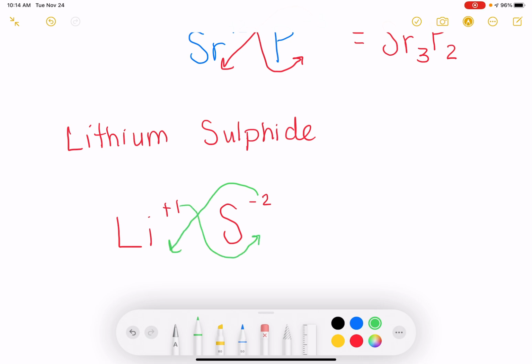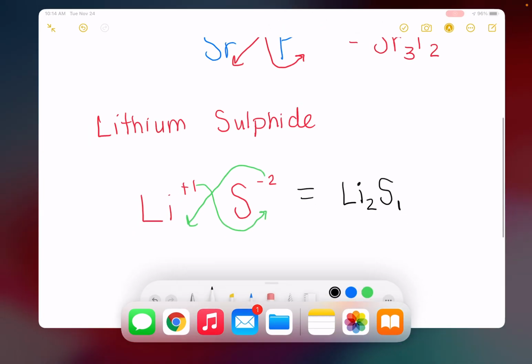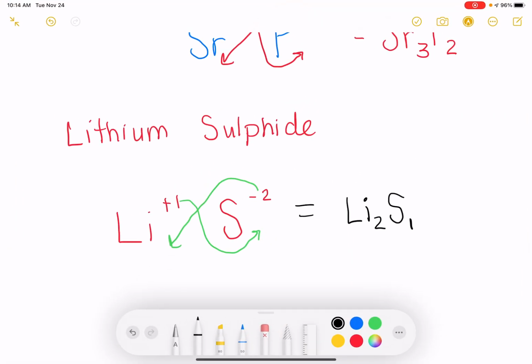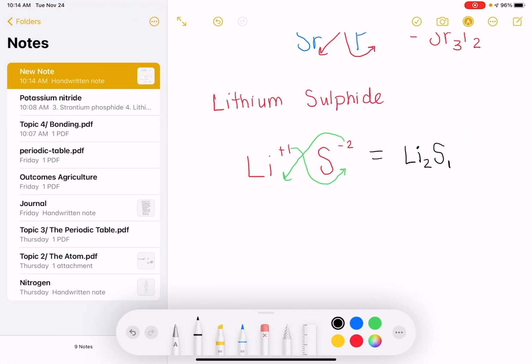We take our 1 and we put it here. So this becomes lithium 2, sulfur 1. And we don't need to write the 1. If you wrote the 1, I wouldn't mark it wrong, but we don't technically. You won't see that when you see a compound written in a question that you're going to do.